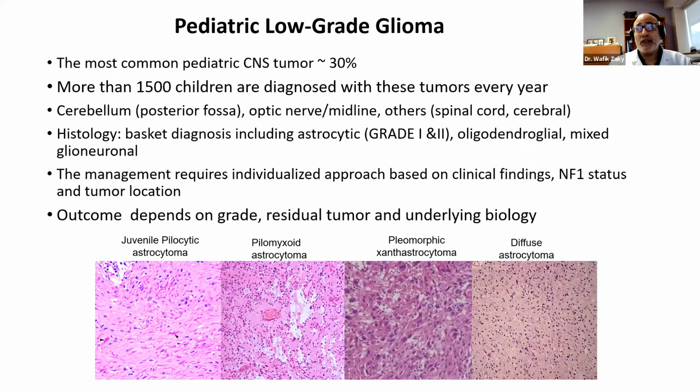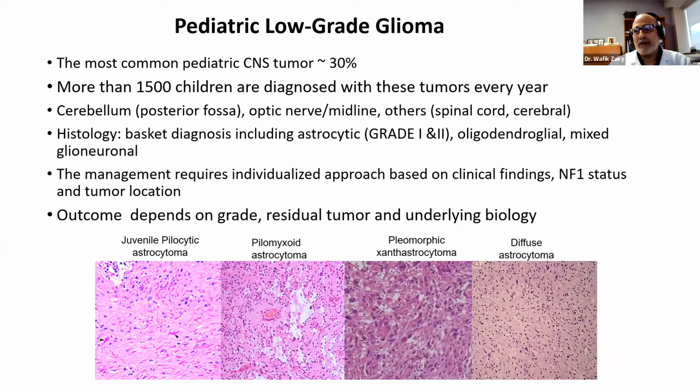Pediatric low-grade glioma is the most common pediatric CNS tumor. It's about 30% of pediatric CNS tumors, with about 1,500 new patients diagnosed in the US every year. The most common location is the cerebellum, but it can arise in other midline locations like the optic nerve, thalamus, and spinal cord.